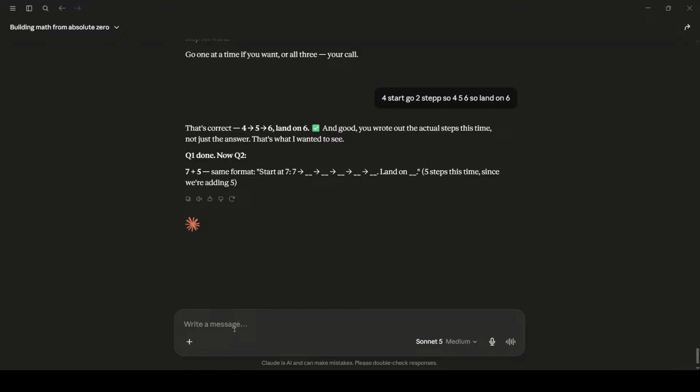Rather than putting them in a basket and counting one by one, we can just start from the first number, which is 7.